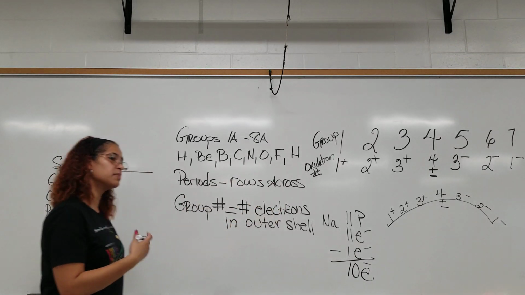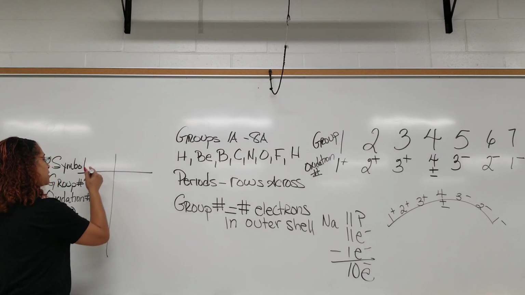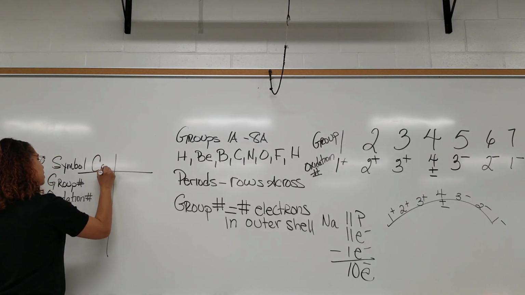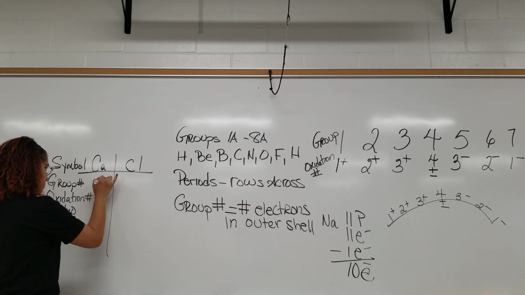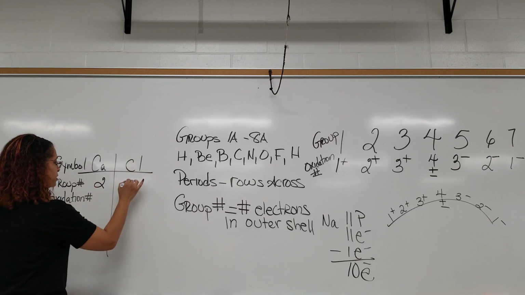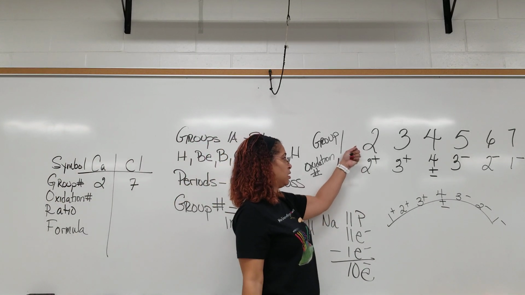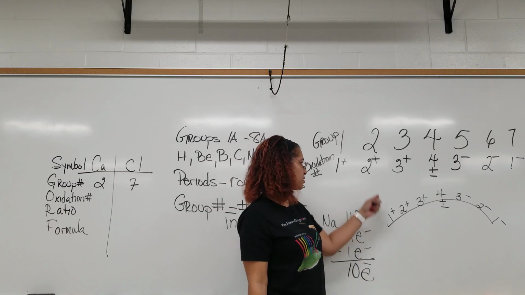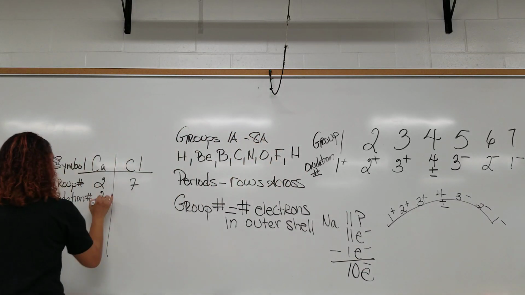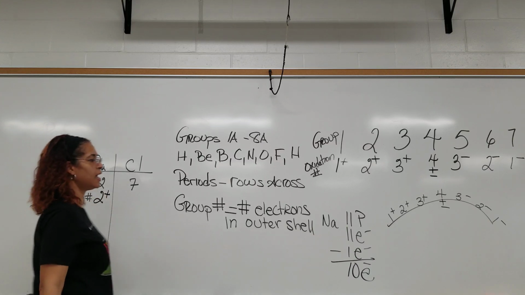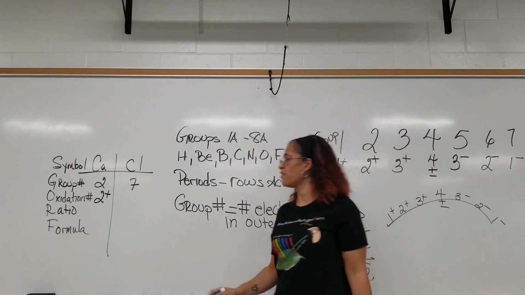Since calcium is in group 2 and chlorine is in group 7, calcium appears first and chlorine is here. Elements in group 2 have an oxidation number of 2+, so we put this here. And elements in group 7 have an oxidation number of 1-.